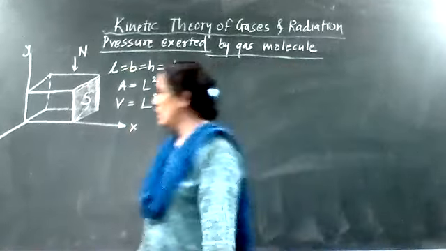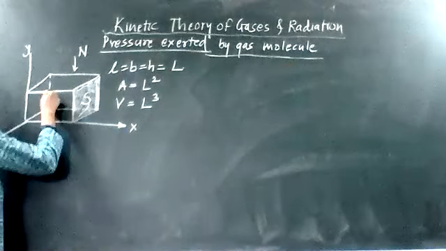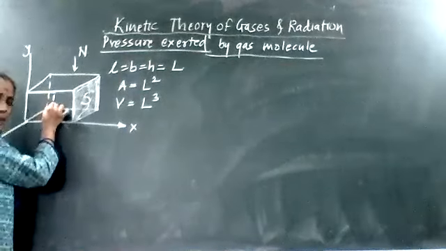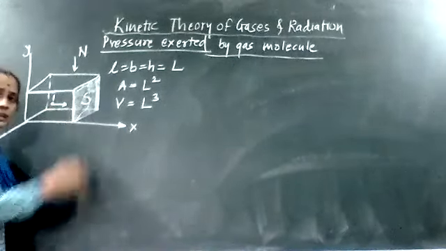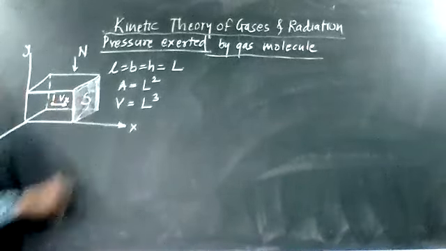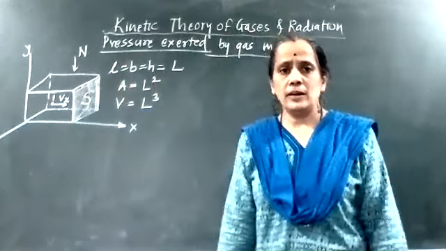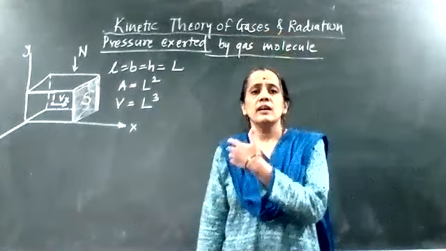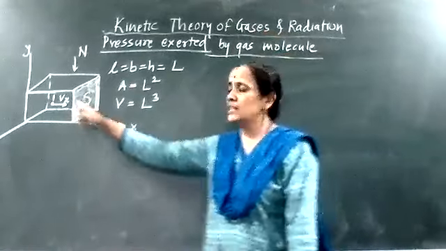Now what I'll do, I will select one of the gas molecules, molecule 1. This gas molecule 1 will be traveling with a certain velocity along the x-axis, parallel to the x-axis. That's why I am going to call this velocity Vx. Right? As it is traveling along the x-axis, I am saying the velocity component of that molecule along the x-axis is nothing but Vx.